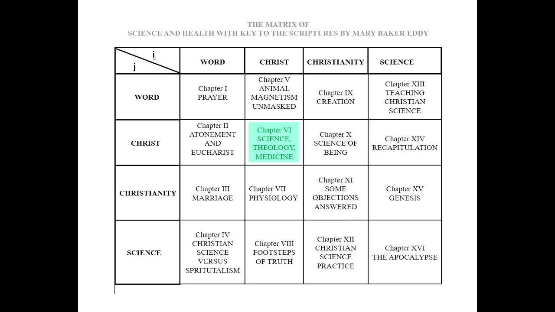Then there is an automatic movement, dynamic within the calculus that takes us to the Christ as Christianity. This is the chapter Physiology, and in this chapter we see that there is an outcome to the translation that has been going on, that the mortal sense of man is completely translated into the immortal sense, just as she provided, you see in chapter 6, the translation itself.